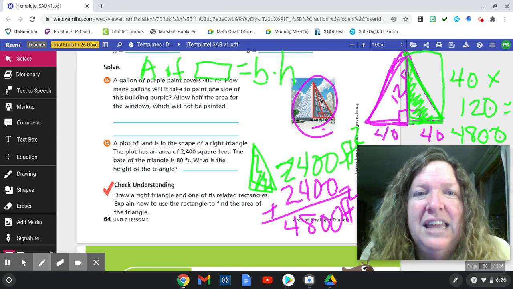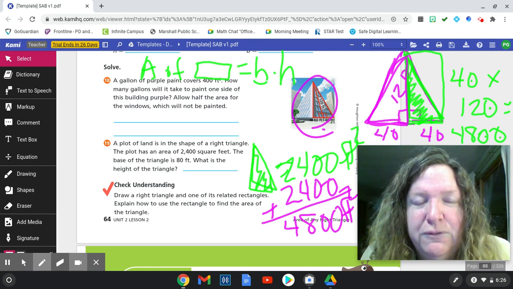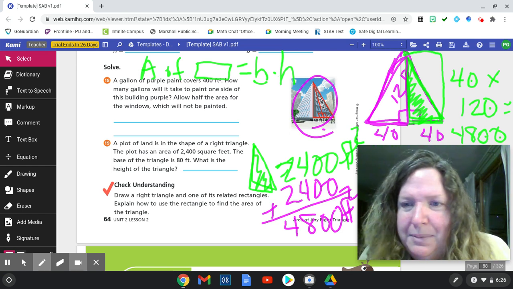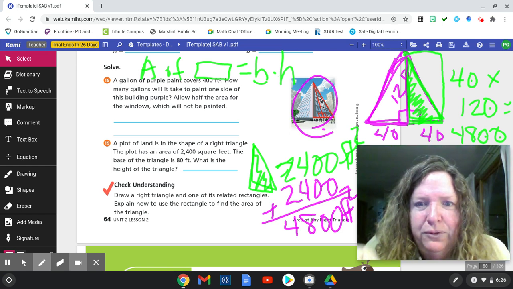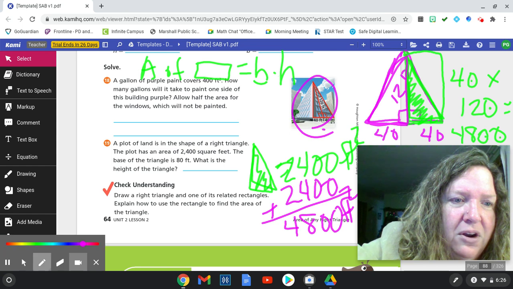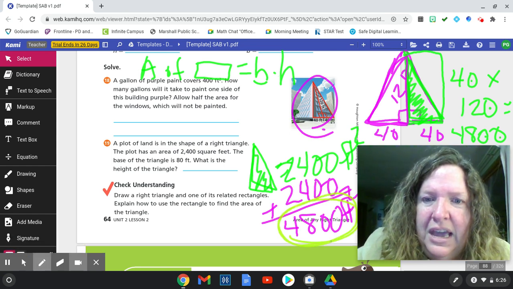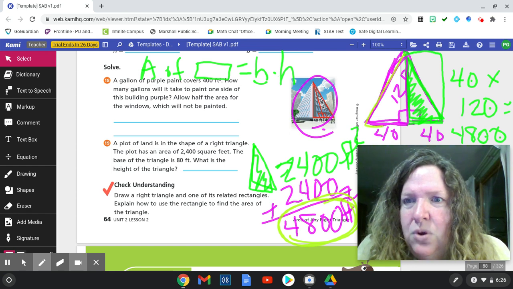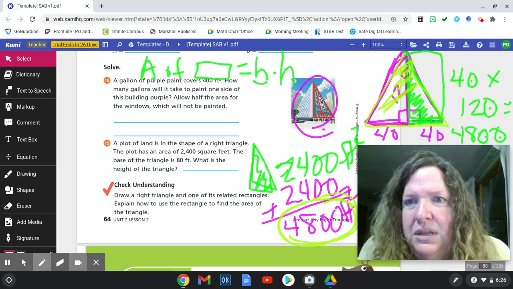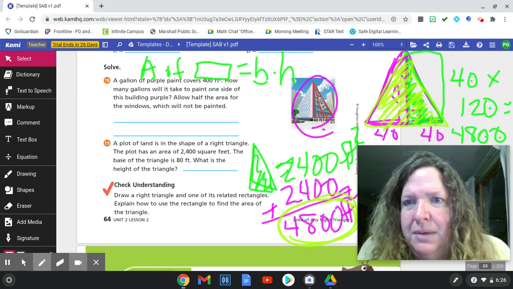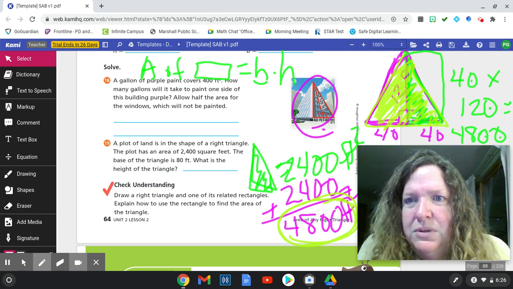But hold on, it says allow half the area for the windows, which will not be painted. Okay, so first we got to start back again here with our 4,800 feet. That's this whole entire thing completely covered over. But wait a minute, they don't want to paint the windows.